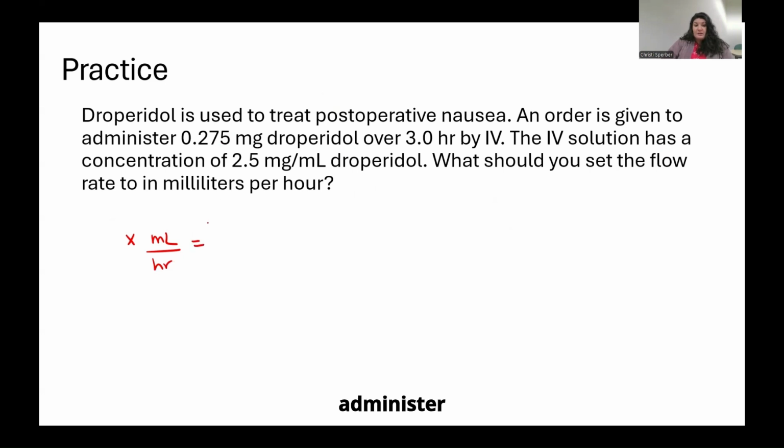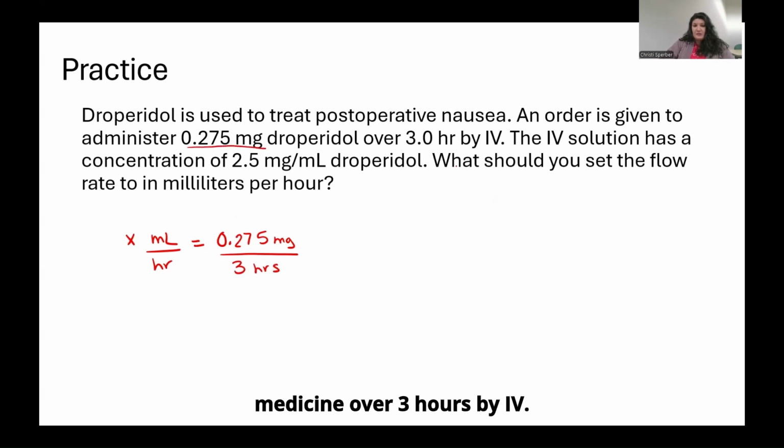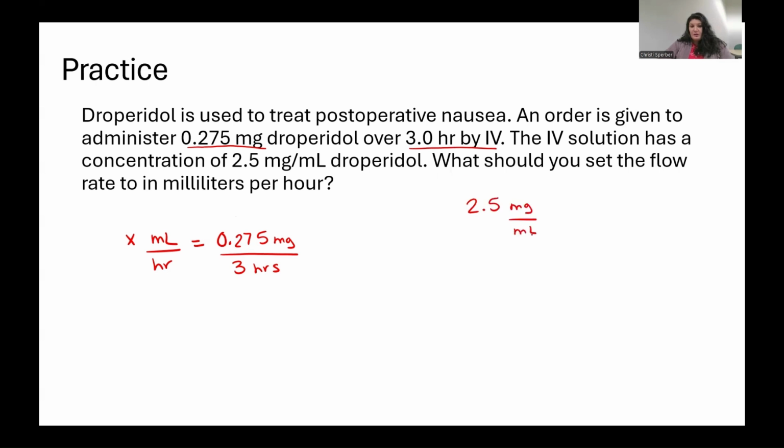We want to administer 0.275 milligrams of the medicine over 3 hours by IV. The concentration of the medicine is 2.5 milligrams per milliliter.